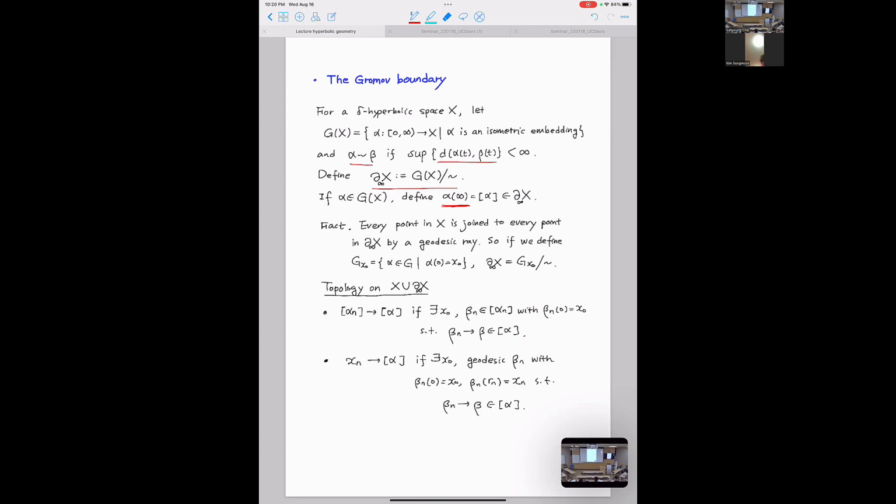And there is an important fact here in hyperbolic space. Every point in X is joined to every point in the group boundary by a geodesic ray. That means that if you define the space of all the geodesic rays starting at the fixed point x naught, then that also gives us the group boundary like this.